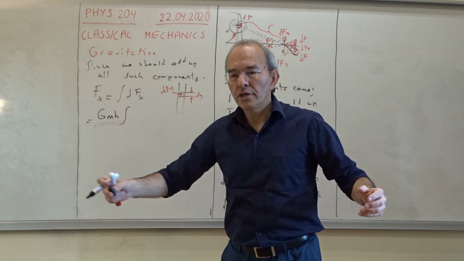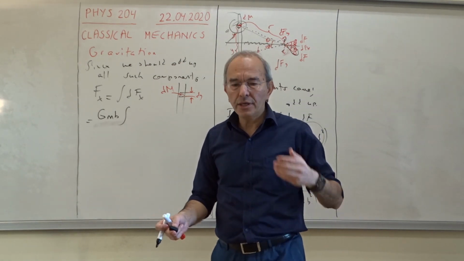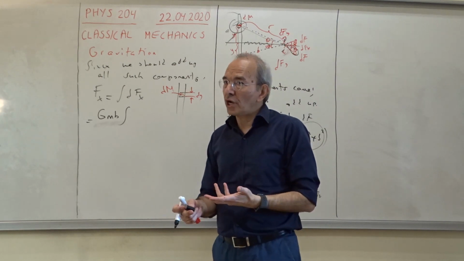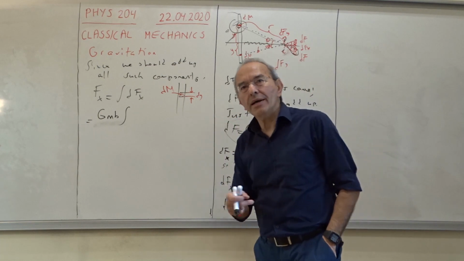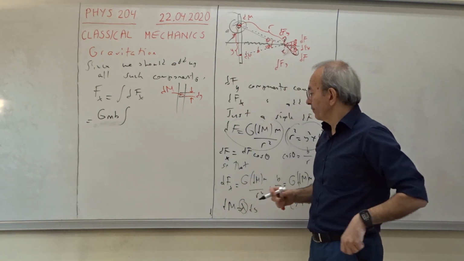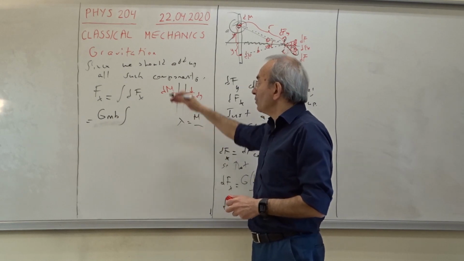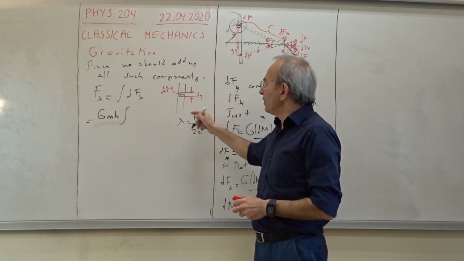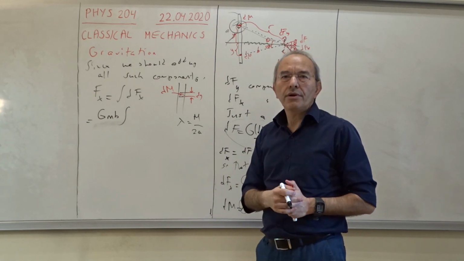Total charge Q is distributed along a rod of length L. What is the linear charge density? It is Q over L. We don't have charges now, we have mass. So the linear mass density is, by the same idea, total mass, which is capital M, divided by total length, which is 2a. But we can now consider it as lambda, and at the end we can replace it by the right hand side.